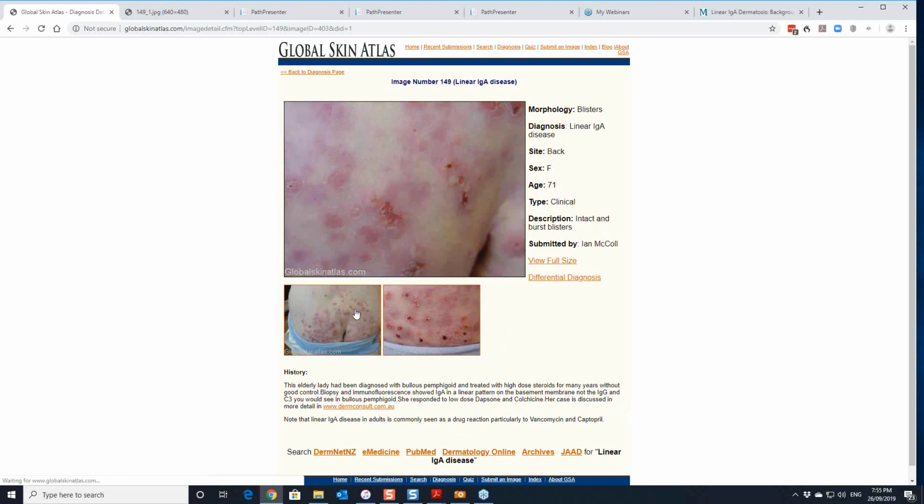Let's just have a closer look. The classic feature, though, is blisters that occur on a red base. They're usually intact blisters as well, because the separation in this condition is through the lamina lucida. So they usually will heal without scarring, but they're like bullous pemphigoid: they occur as intact thick-walled blisters on a red base.